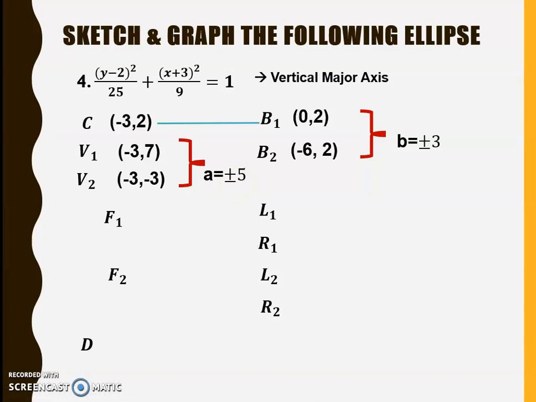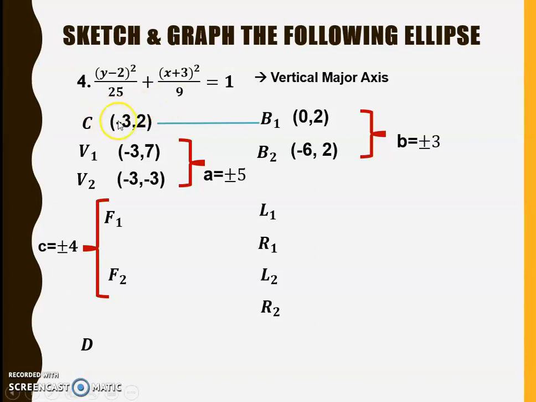And how about the focus? The focus can be solved by c equal to the square root of 25 minus 9, that will be the square root of 16, and the square root of 16 is plus or minus 4. So what will be the coordinate points of the foci from the center?